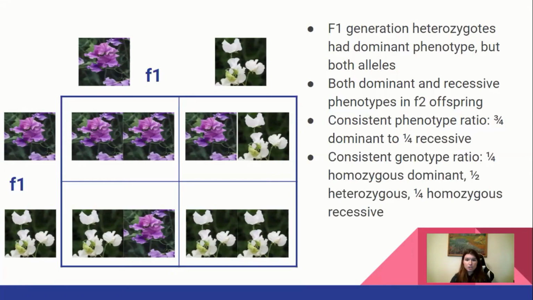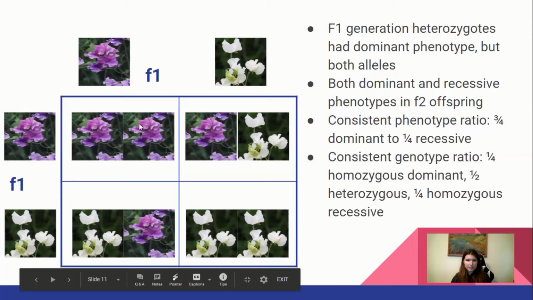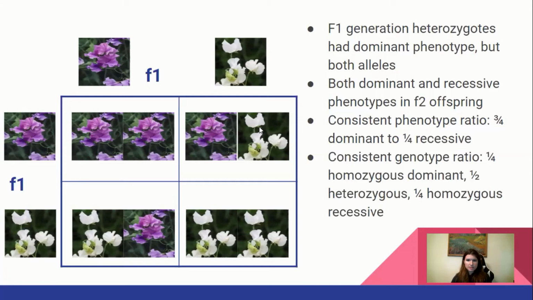If we're tracking genotypes, we can see that 1/4 or 25% are homozygous dominant. 50%, 2 out of 4, or 1/2, if we reduce that, are heterozygous. Then 1/4 or 25% again are homozygous recessive. So as we do the problem set, we're going to do the same thing. We're going to track traits, but we're going to use letters instead of pictures.